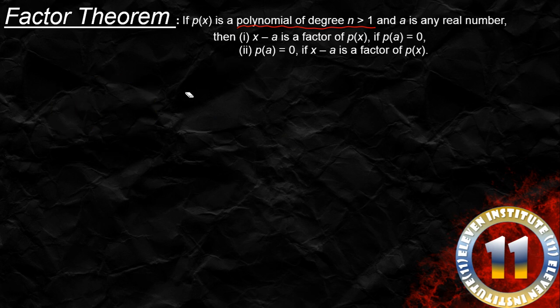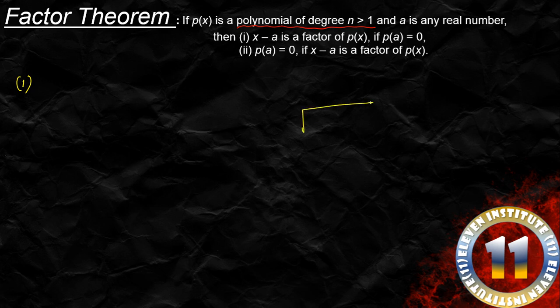Now let us understand both of them with the help of an example. Let us read the first one. What is written? If p of a is equal to 0 then x minus a is a factor of p(x). Before that we will try to understand about remainder theorem also.